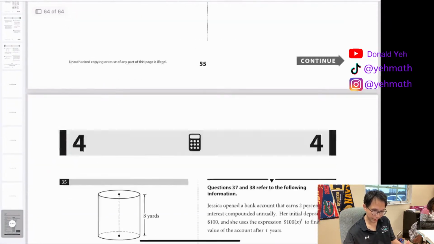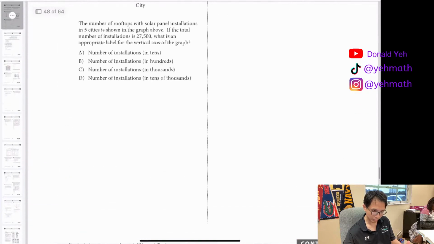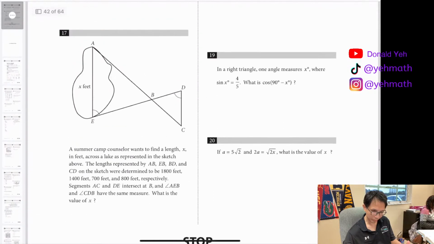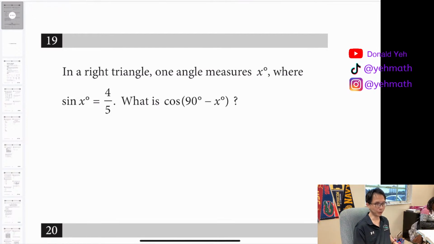Okay, maybe it's this first section. What's the answer for this one? Write down the question. You're going to see this often.